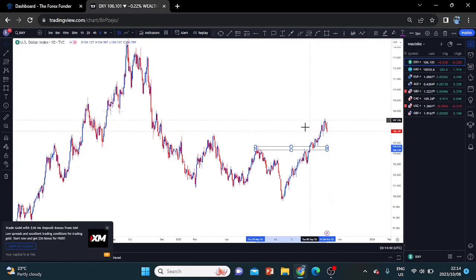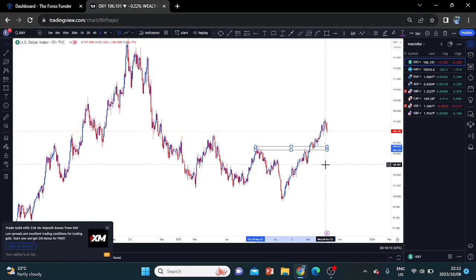Now we have formed a new high there. So what are we going to be looking for? We are going to be looking for a new higher low so that we can buy the DXY. Meaning we're going to be looking to buy the dollar, any pair that starts with the dollar, and sell any pair that ends with the dollar.